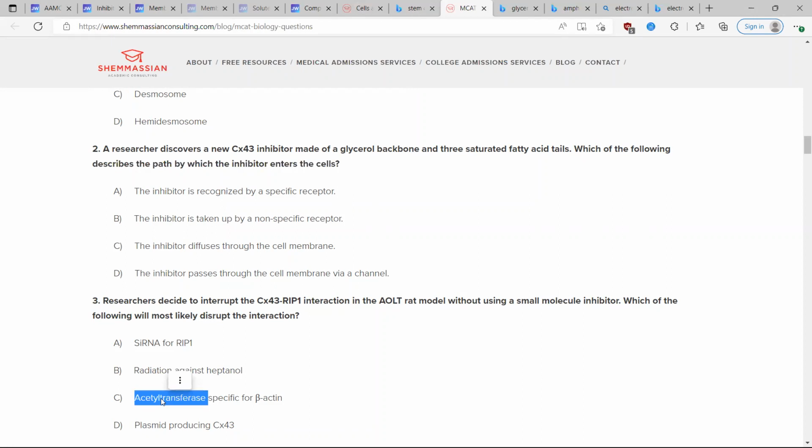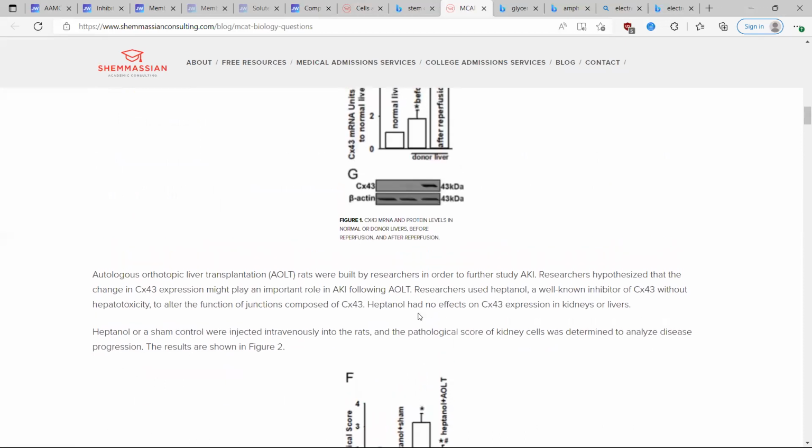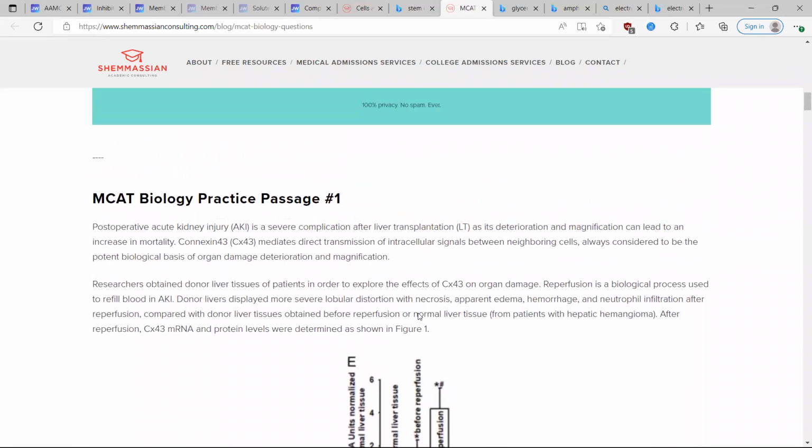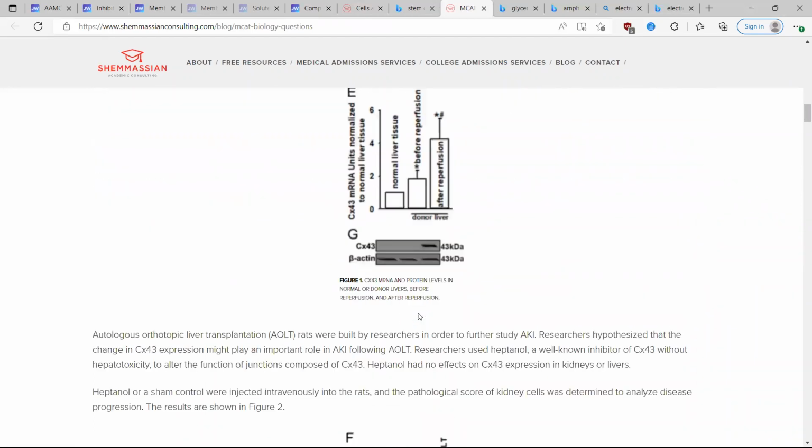I guess that's an enzyme, so I guess that's fine, but I don't really see what the role of beta-actin is here. They didn't say anything about CX43 or RIP1 having any involvement with beta-actin, at least as far as I can see. So that just seems kind of irrelevant to me.